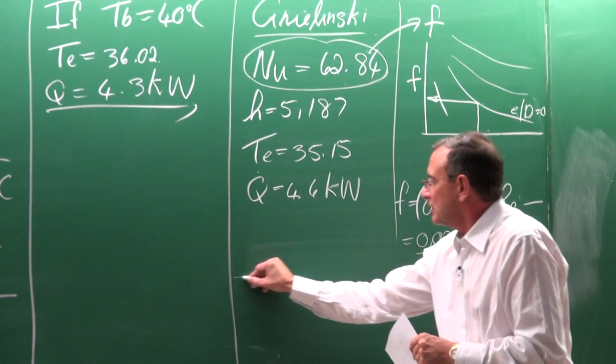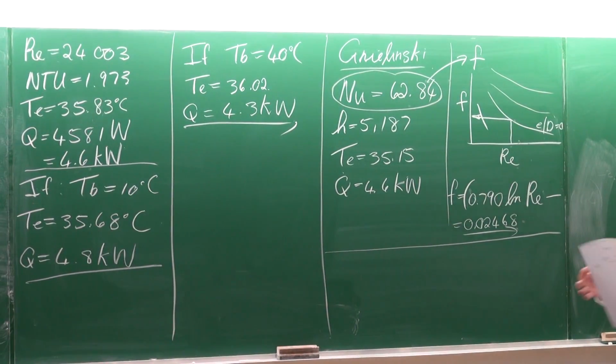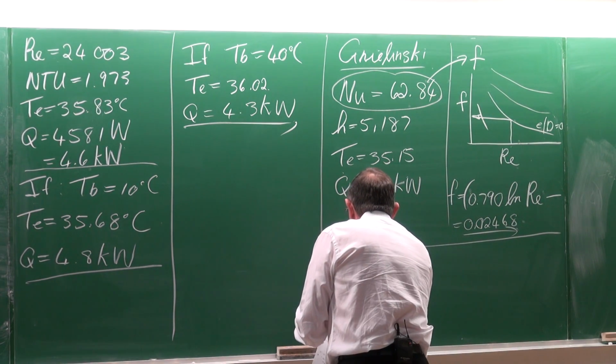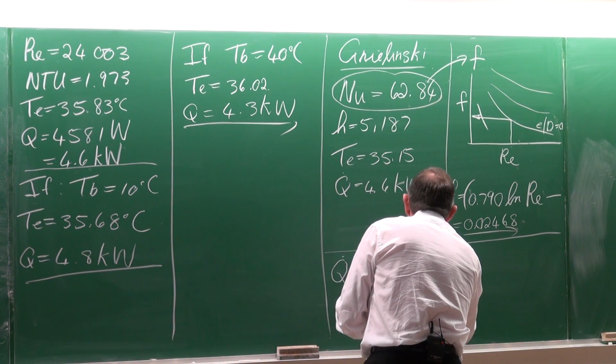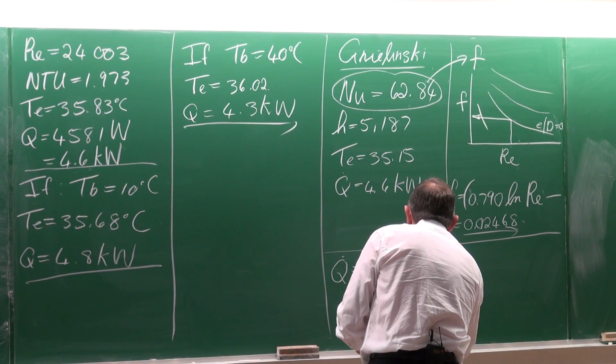Now I hope that you can still remember from chapters 1 to 3 in the textbook of Cengel and Ghajar that the heat transfer rate is equal to the temperature difference divided by the total resistance.